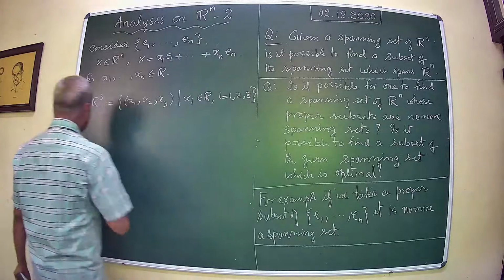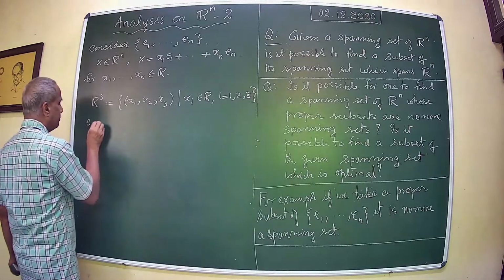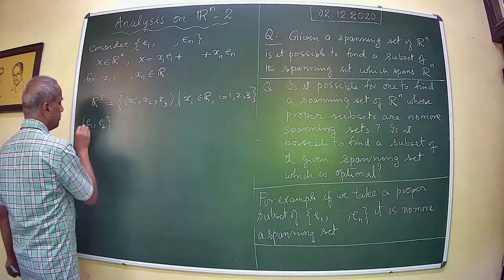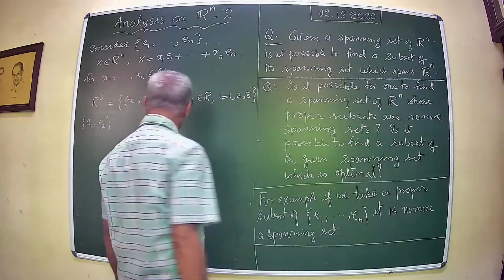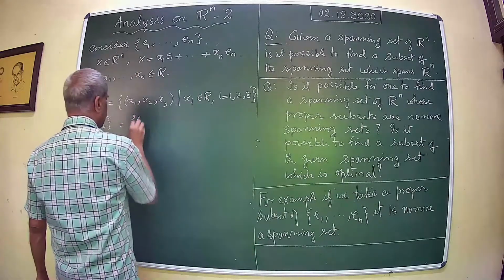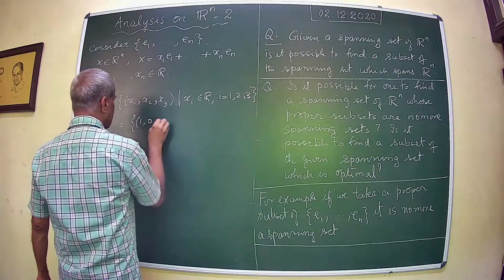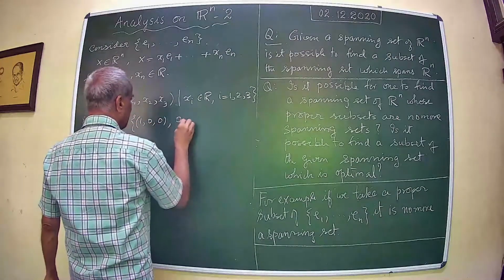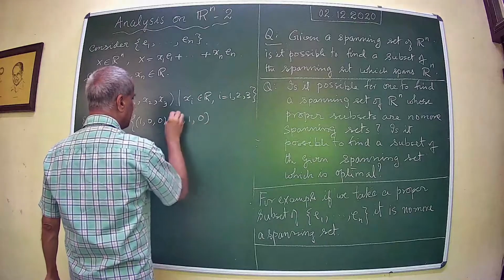Now you see that if you take E1, E2, this does not span. What is E1, E2? This is equal to the collection (1, 0, 0) and (0, 1, 0).